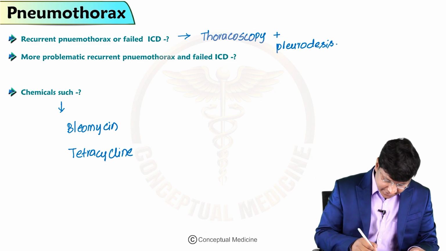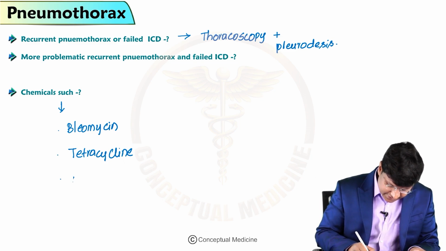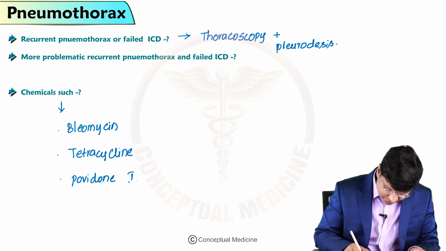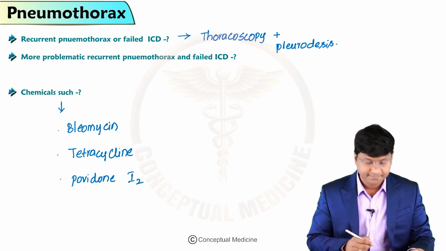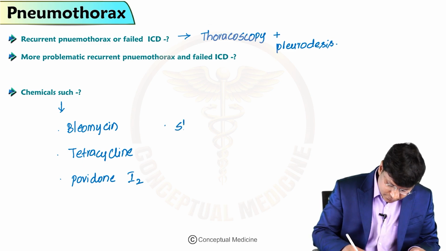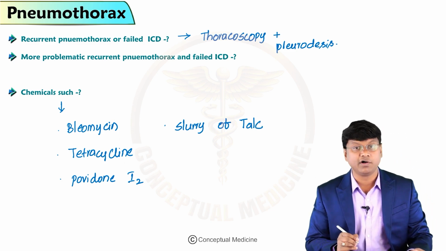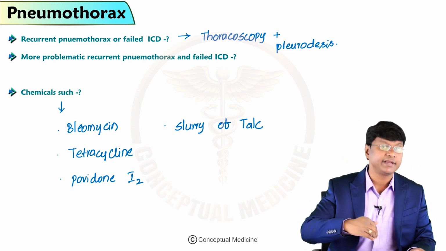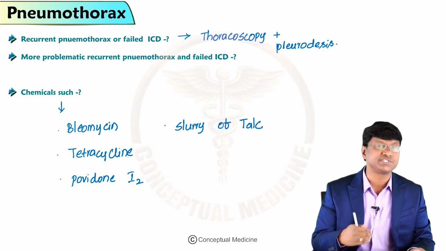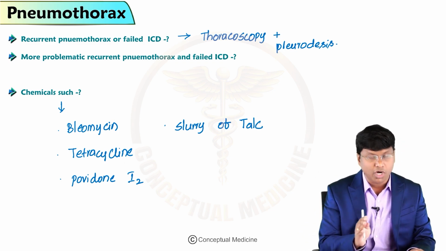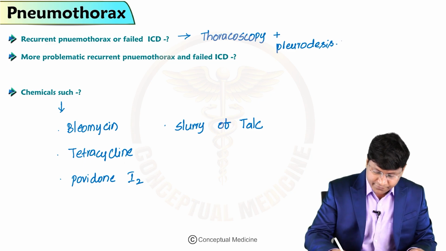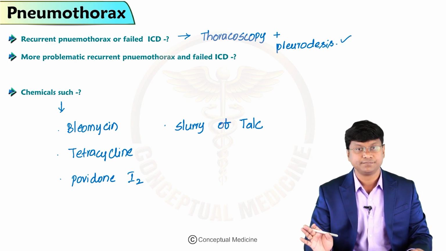The other chemicals being used are povidone iodine, then slurry of talc. They can be introduced into the pleural space through the chest drain, and that will cause the obliteration of the pleural space, which we call pleurodesis.